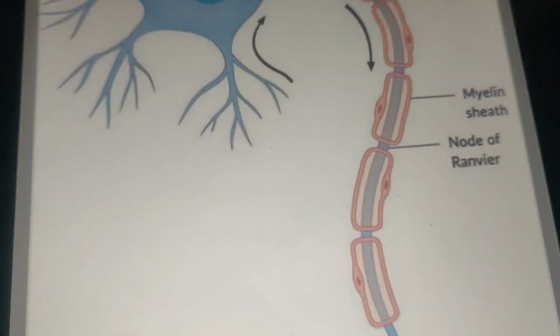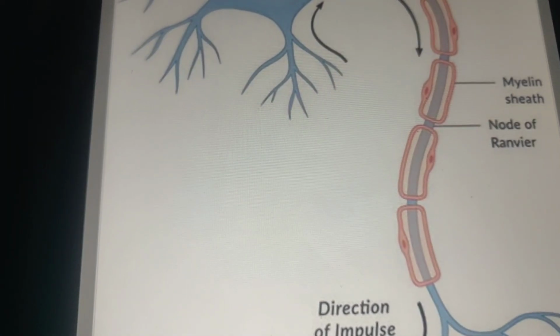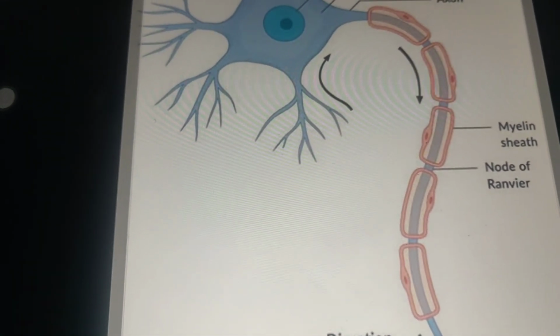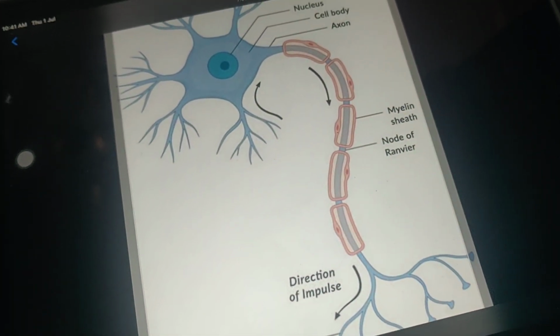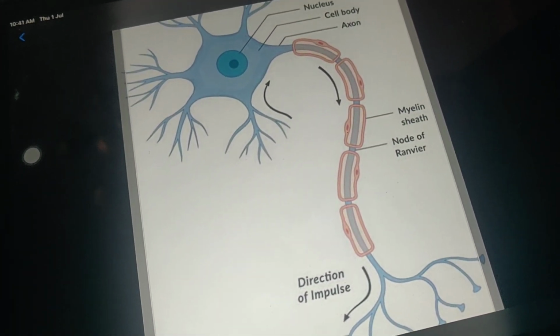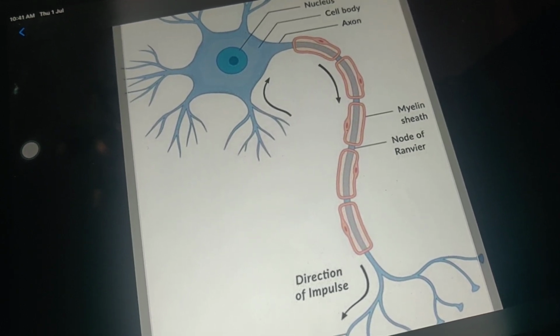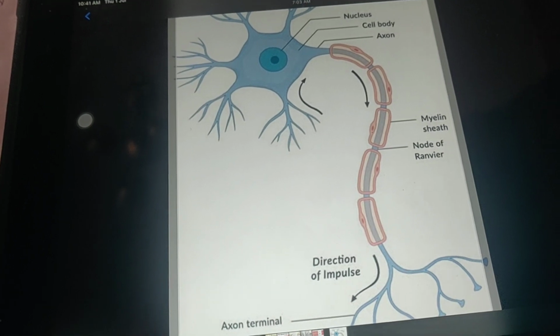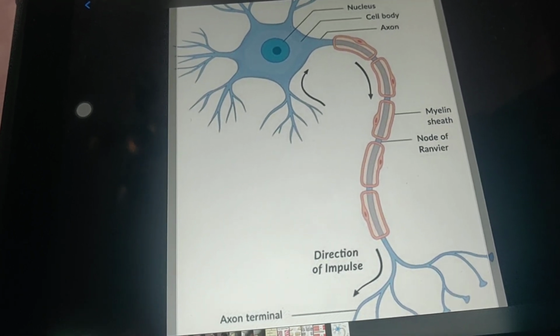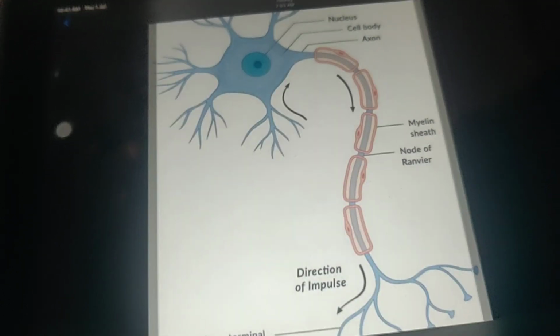Nervous tissue consists of a vast number of cells called neurons. This is the structure of our neuron. These cells are supported by a special type of connective tissue known as neuroglia.